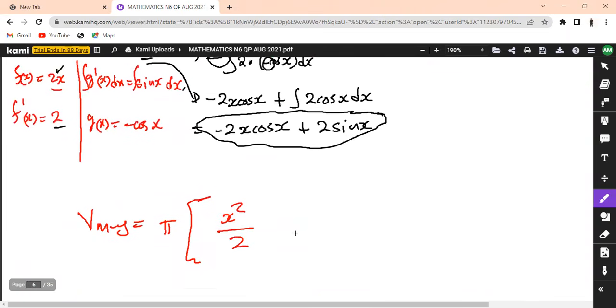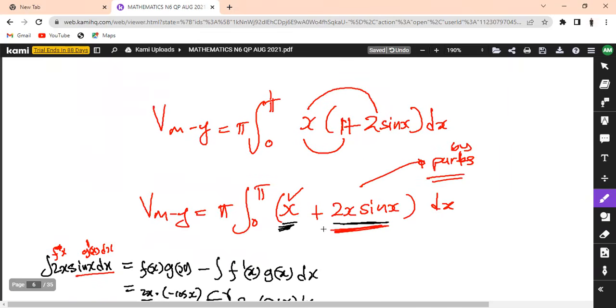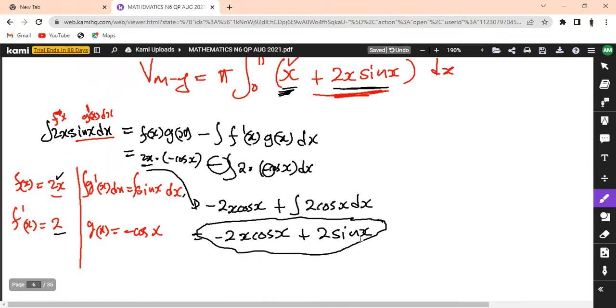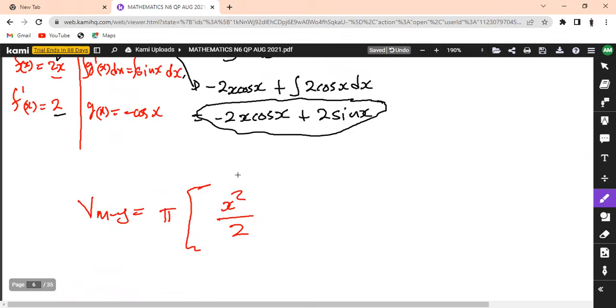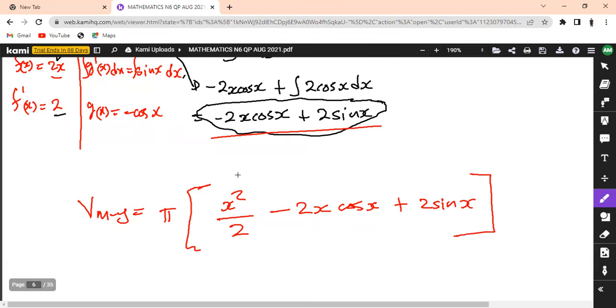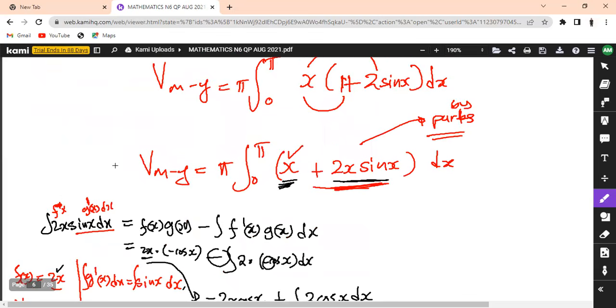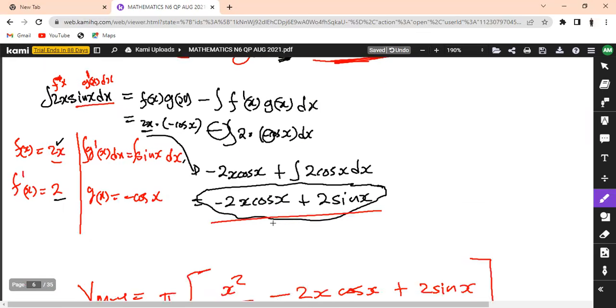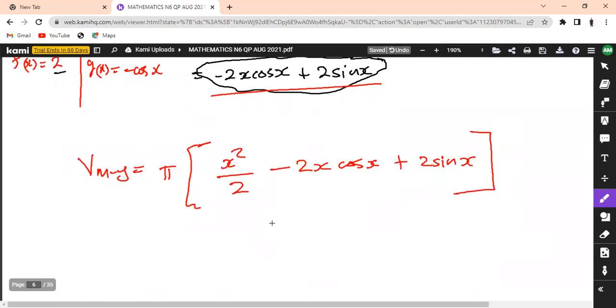Okay, and we combine with the integral of this part here, which we obtained as minus 2x cos x plus 2 sine x. All right, and the limits that we got here are from 0 to pi. So these are the limits that we are going to use in this case, from 0 to pi.